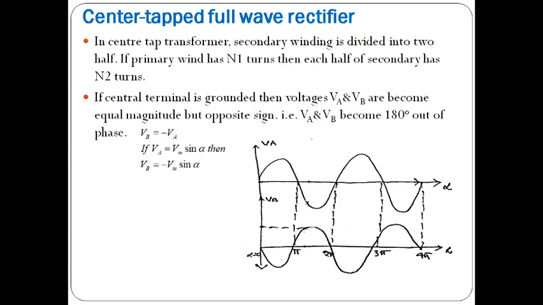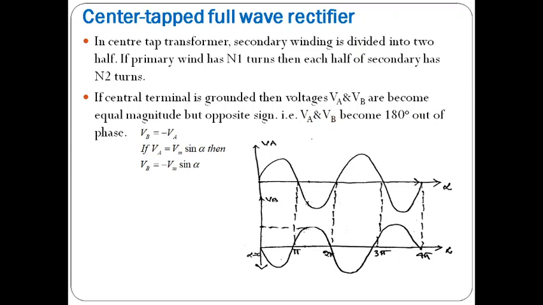If I assume VA equals Vm sin alpha, where VA is the upper secondary winding signal, then the lower secondary winding output signal VB equals minus Vm sin alpha. You can observe these VA and VB signals in this slide.